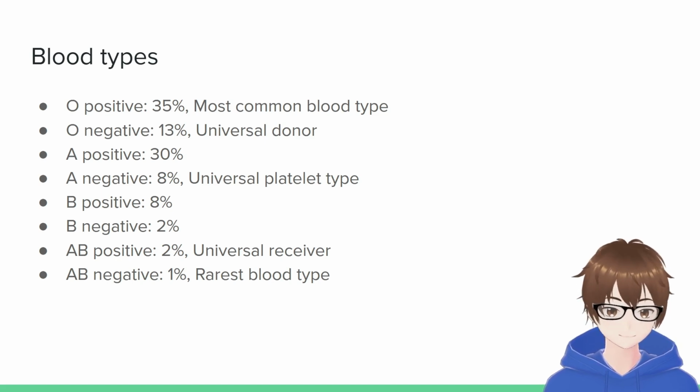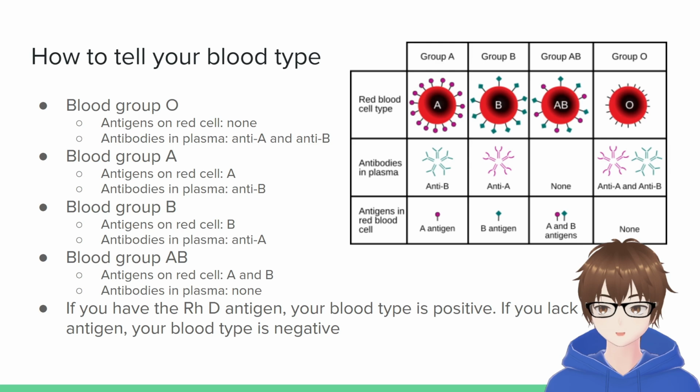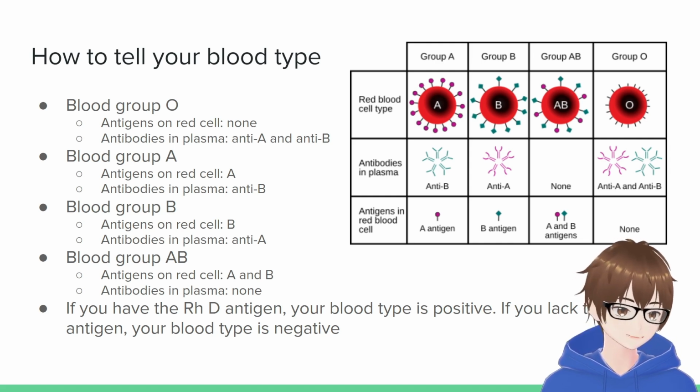Okay, so now let's see how to tell your blood type. We've talked about blood a little bit, so you should understand a little bit. If you are in group A, you have A type blood. Then you will have A antigens on your blood cells, and in your plasma, you'll have anti-B antibodies.